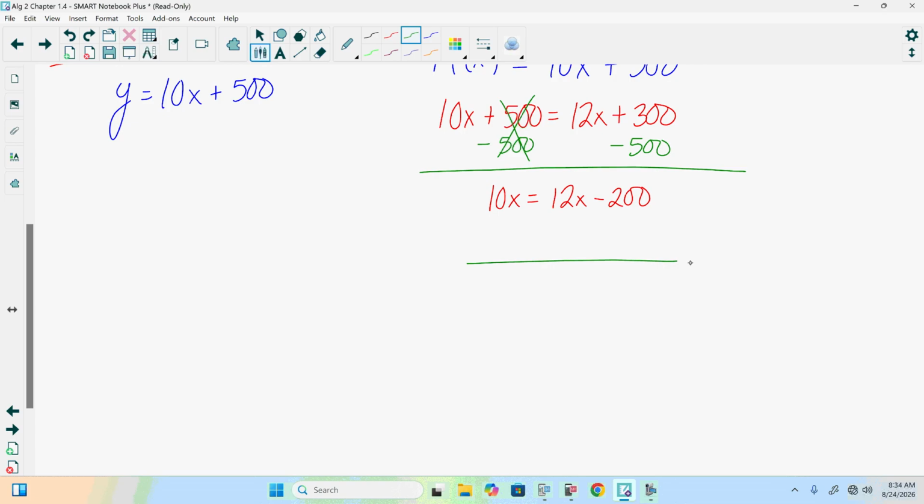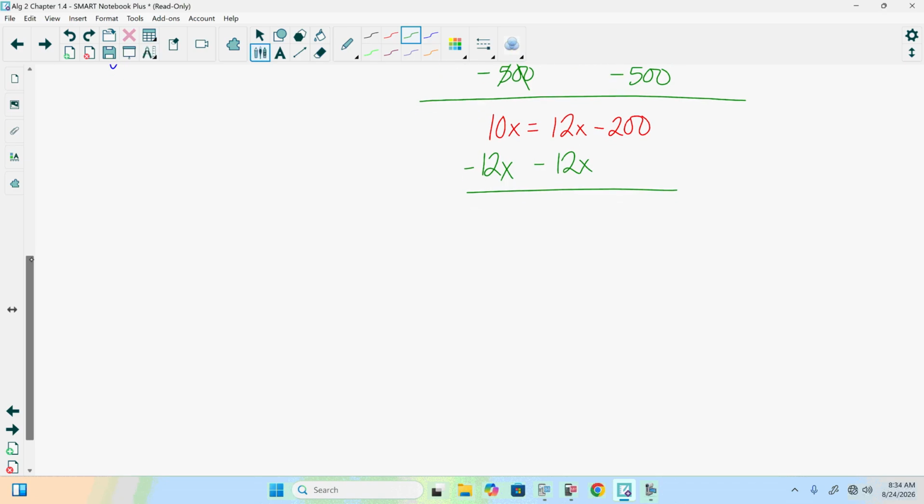Then we got to minus the 12x, because we did get the constant terms, our numbers without x, on one side, so now we need to move the x's. 12x minus 12x is 0, leaving us with our negative 200 on the right-hand side.